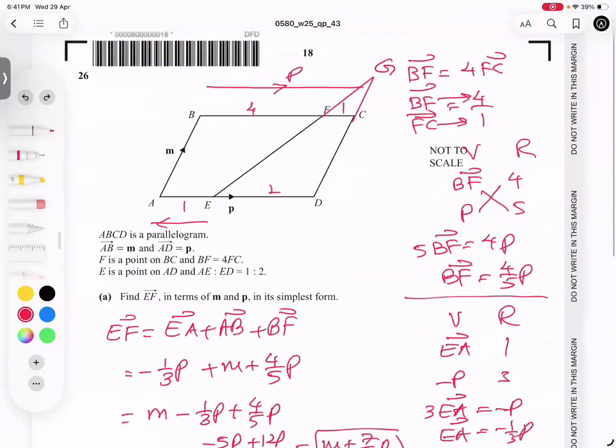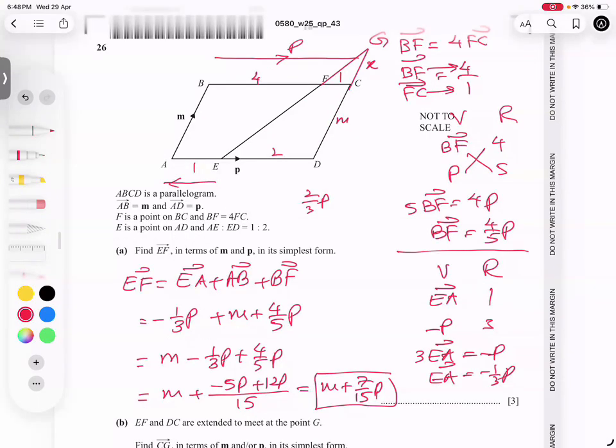Where's CG? CG is this gap. So I consider this triangle. I separate this small triangle, and then I will talk about a bigger triangle as well. I need to find CG. This I assume X, and this is M. Students, I will take this small triangle and a big triangle.